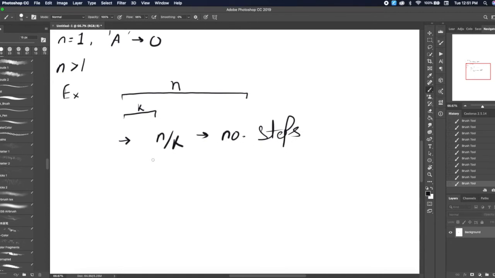So if we try to find the recurrence relation, this is dp of n. This tells us the number of steps required to fill n number of A's.